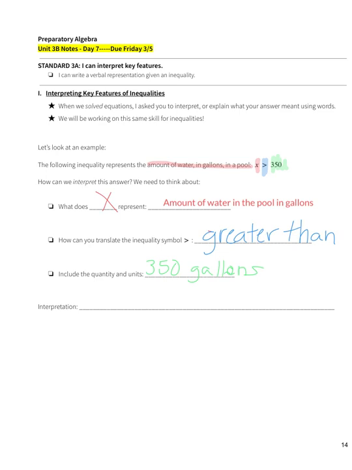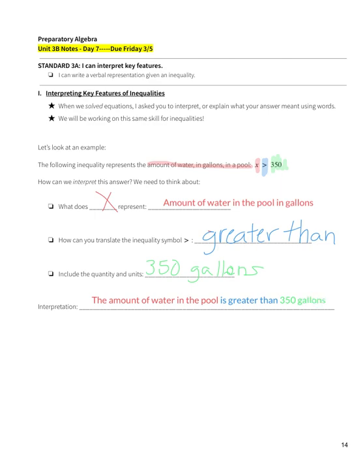We would say the amount of water in the pool is greater than 350 gallons.